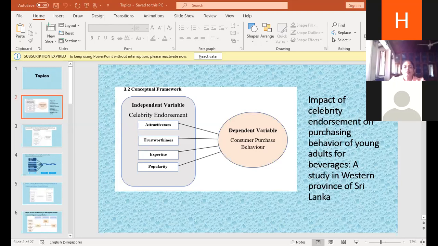Okay. Once again, this is the topic. You saw the topic, right? We were talking about celebrity endorsement. All right. So, what's the problem?